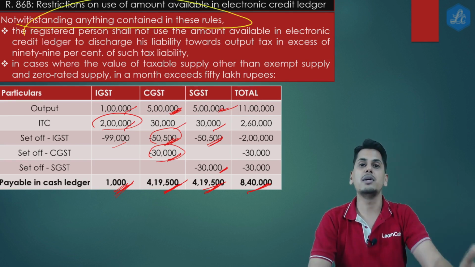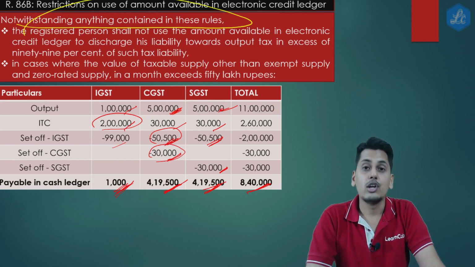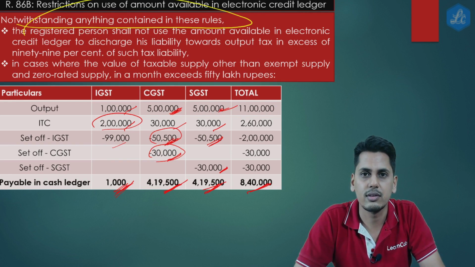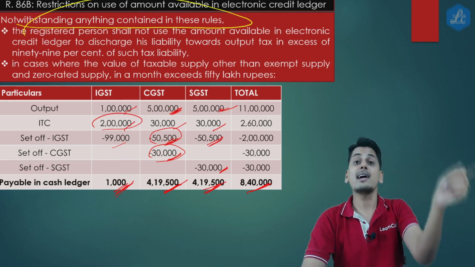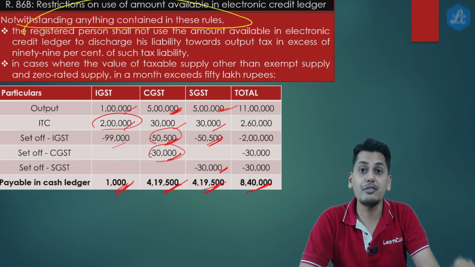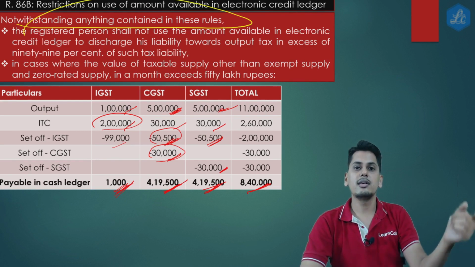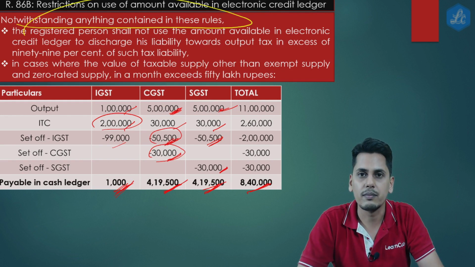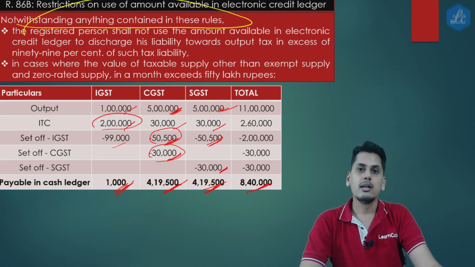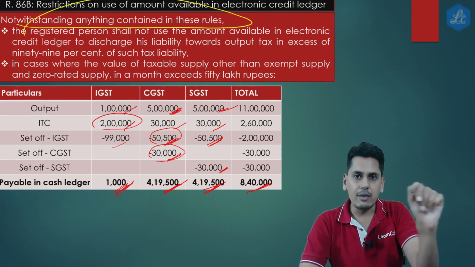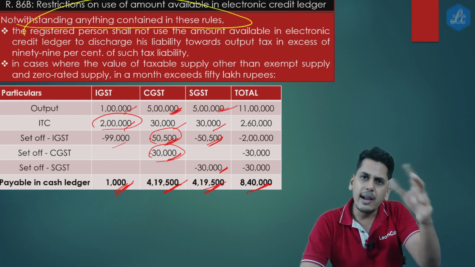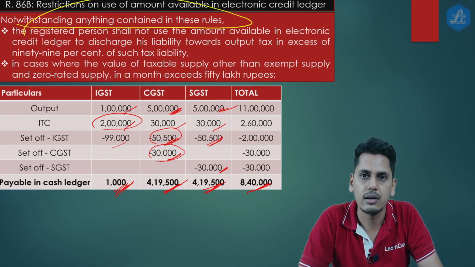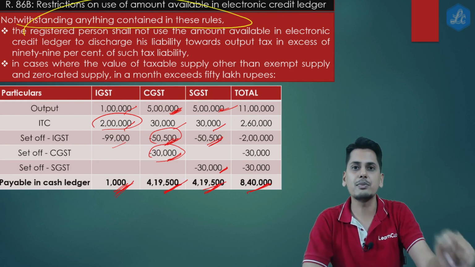Which means that while complying with 86B, if any other rule is coming contrary to this, 86B will stand. So therefore, in the course of complying with rule 86B, I might have miscomplied the sequence of utilization of credit, but still the law permits me to do so.